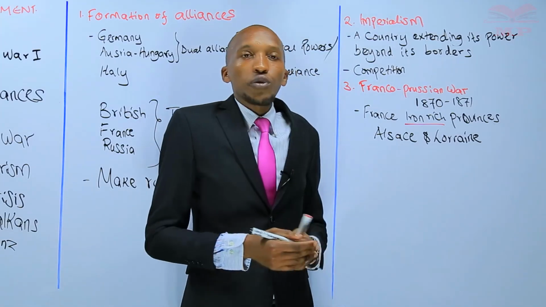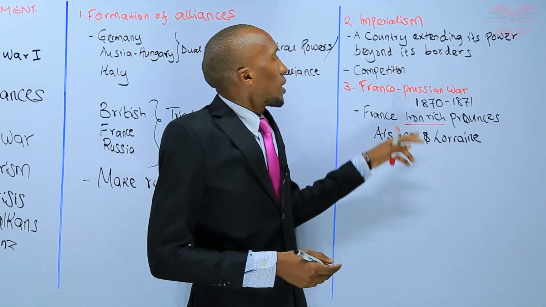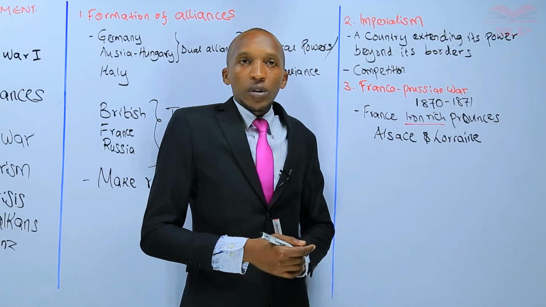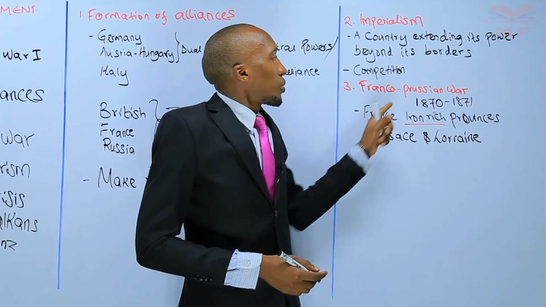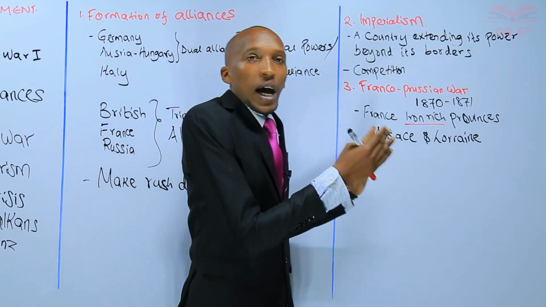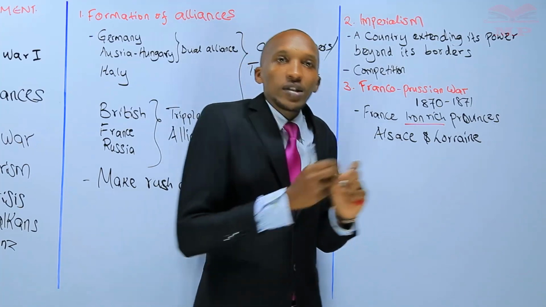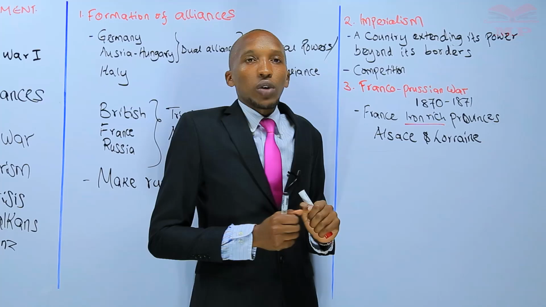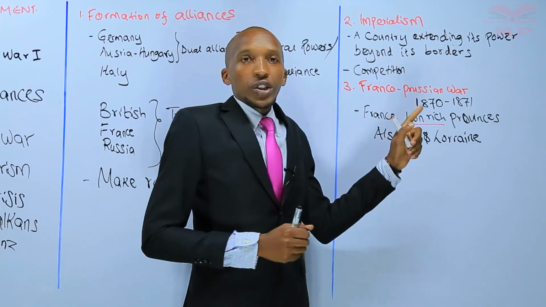to be able to fight other people, because you find Prussia now became a territory of Germany. From France, Prussia became a territory of Germany. So there was that bad blood between France and Germany. So that is all about the Franco-Prussian War.